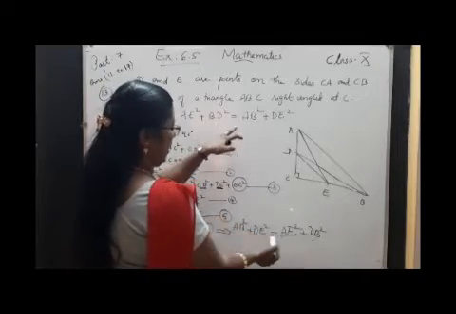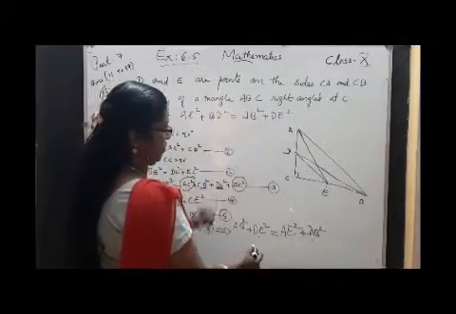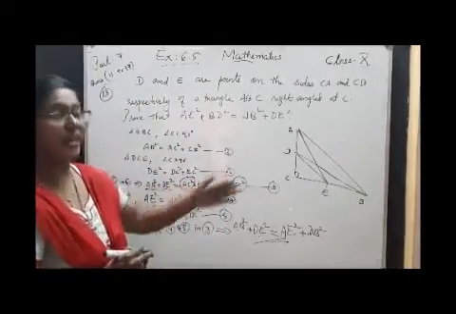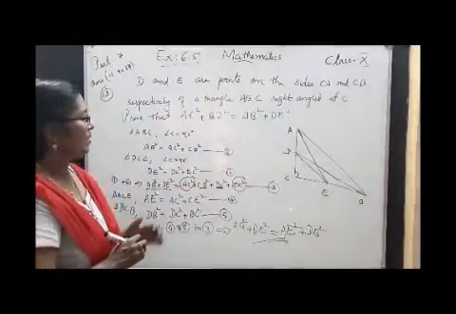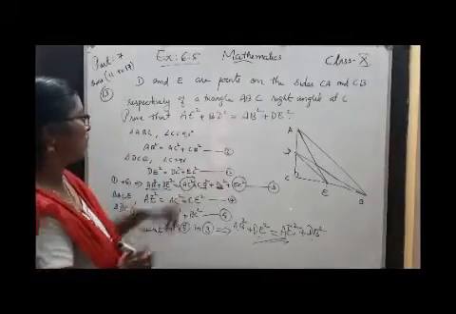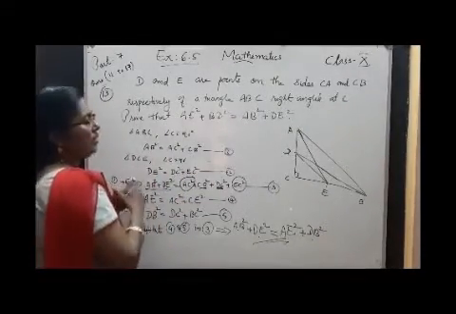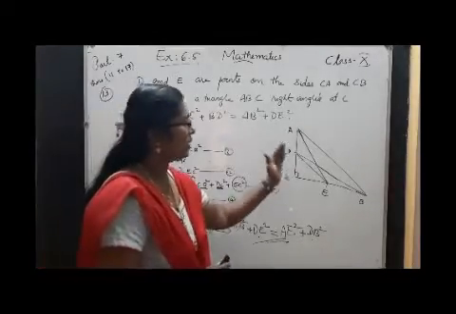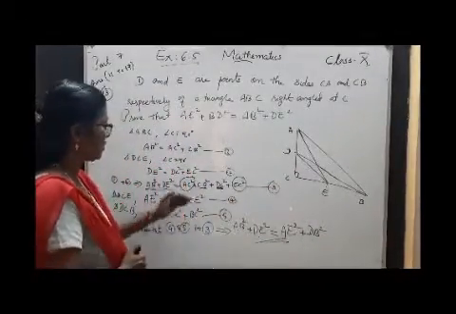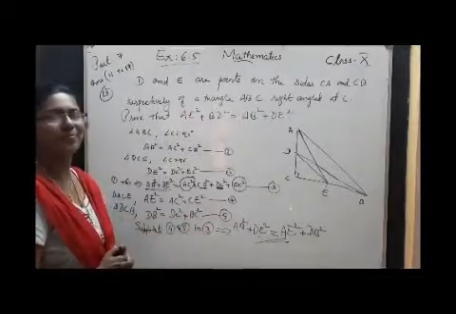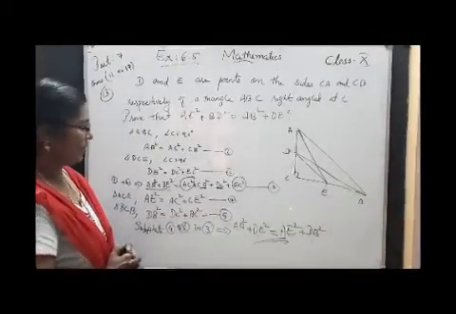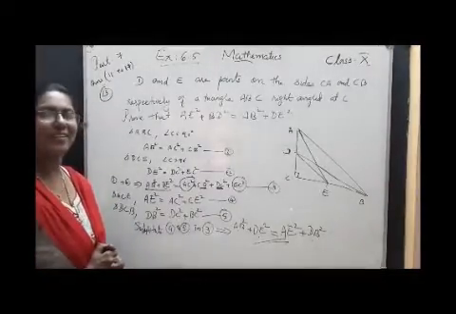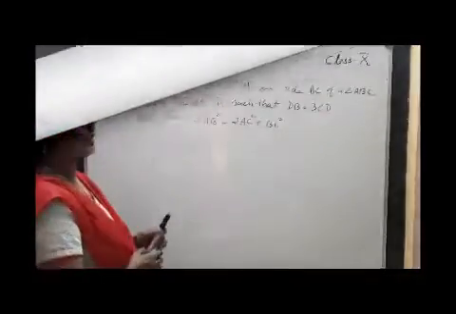BD square plus AE square equal AB square plus DE square. Hence proved. Okay. Here there are 4 right angle triangles. First of all, take the first 2, ABC and DCE, and take the remaining and substitute 4 and 5 in 3. Okay, clear?